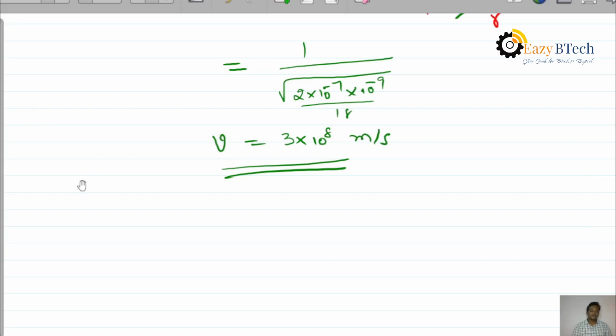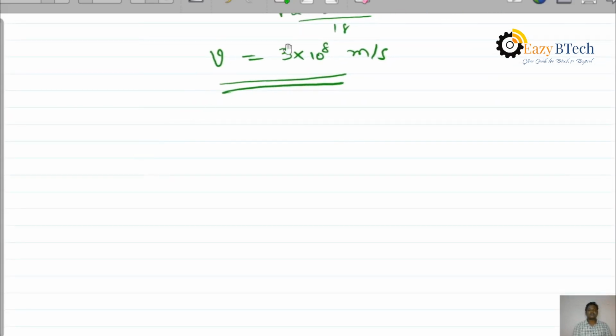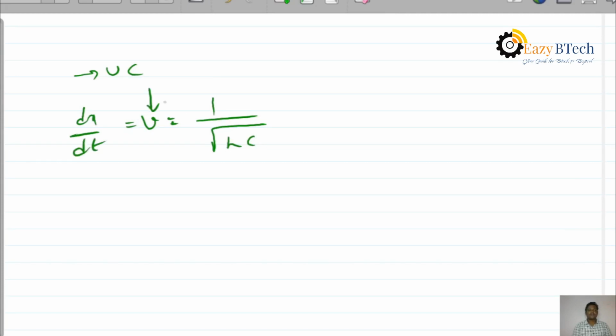Next case is for underground cables. In underground cables, the velocity formula is 1 by root LC, which is nothing but dx by dt. I am representing it with velocity v equals 1 by root LC. In both cases the formula is the same, but the formula for the inductance of an underground cable is 2 into 10 power minus 7 ln capital R by small r.